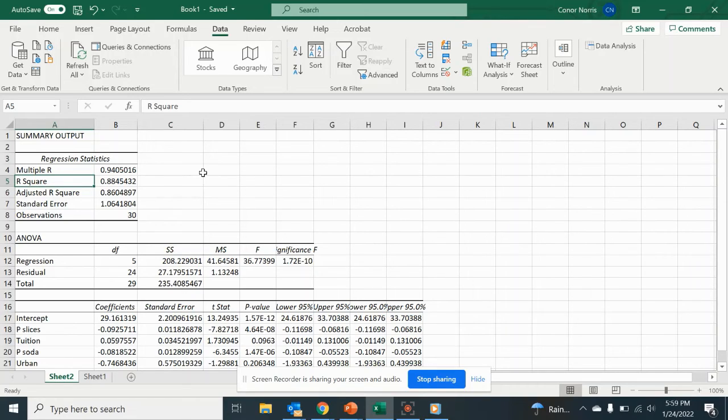So if your R-squared is 0, that means none of your dependent variable, none of the quantity of slices that are demanded, can be explained by your model. In other words, you have a really, really bad model. You almost have to try to get it to be a 0. 1 is perfect, that all the variation in your dependent variable, so the quantity of slices that are sold in this case, are going to be explained by your model.